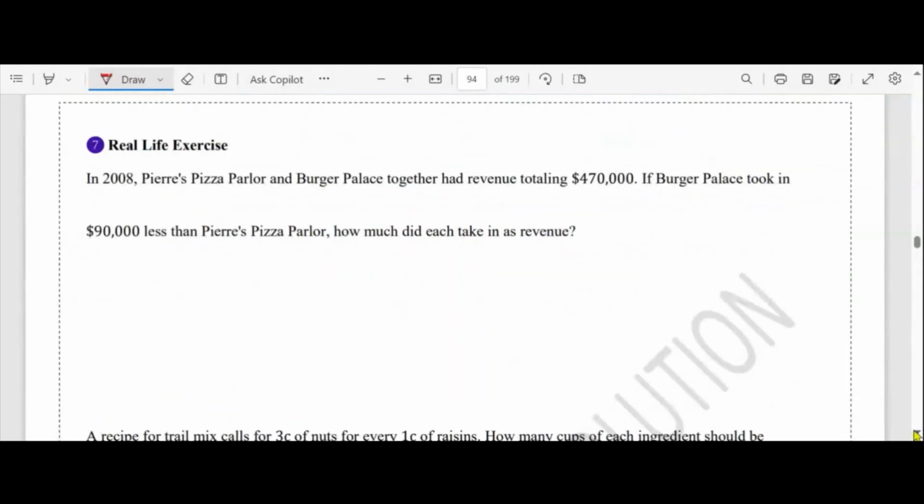Real life exercise, please read. In 2008, Pierce Pizza Parlor and Burger Palace together had revenue totaling $470,000. If Burger Palace took in $90,000 less than Pierce Pizza Parlor, how much did each take in as revenue?